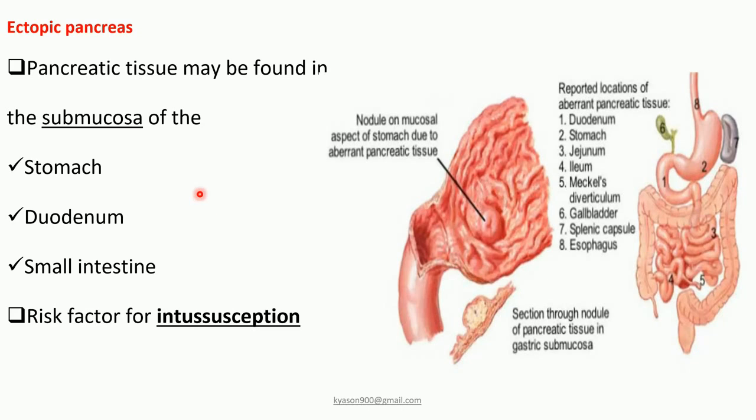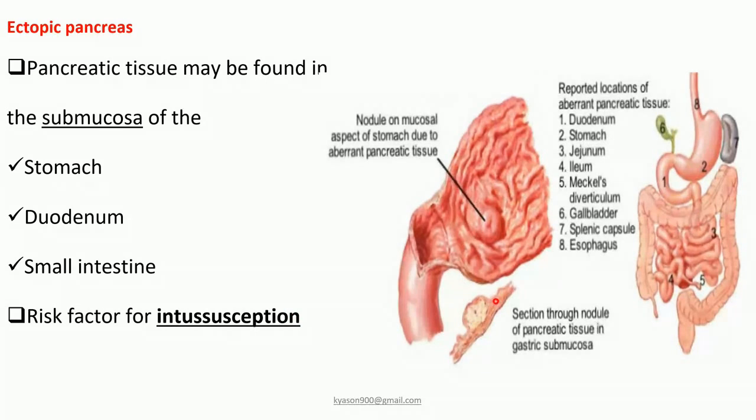For example, in patients with cancers of such organs, if such cancers are managed, those patients will not completely heal, because there will still be some tissue residing in other parts of the body. It could be any part of the body from this list. Okay. Then it's also possible for this ectopic pancreatic tissue to result in what we call an intussusception.